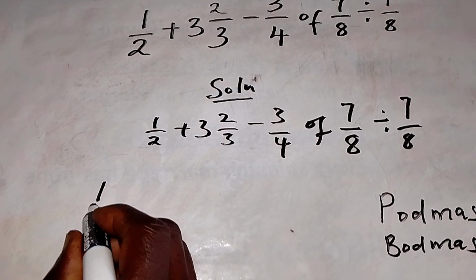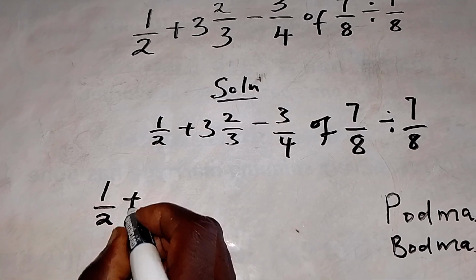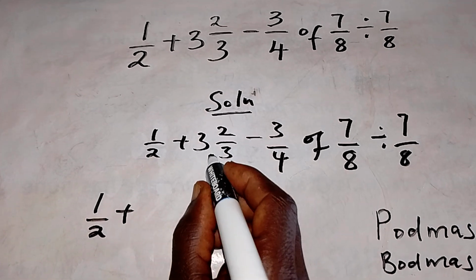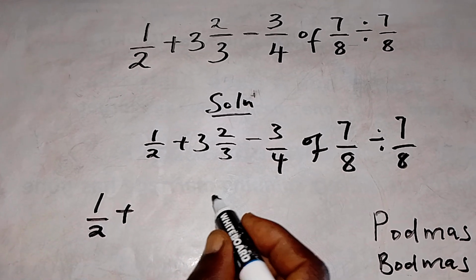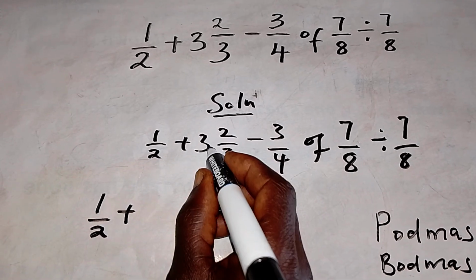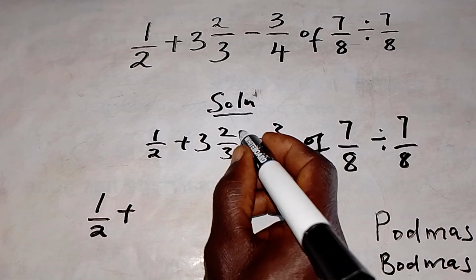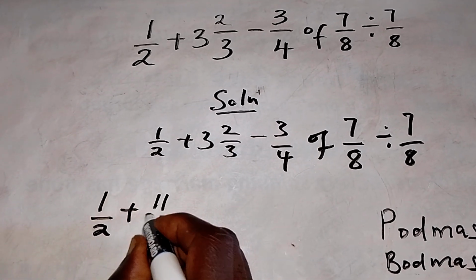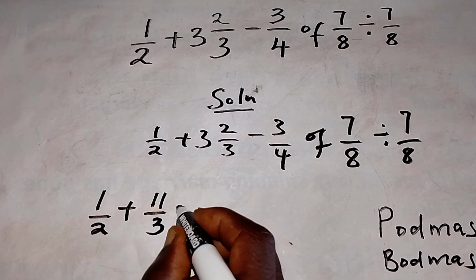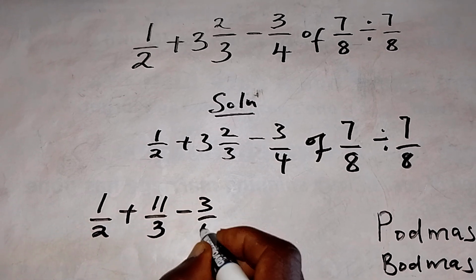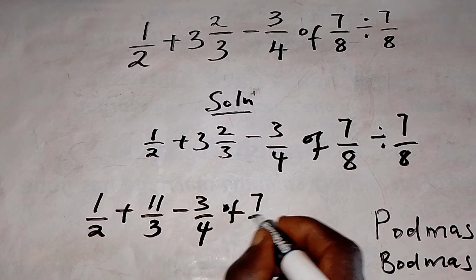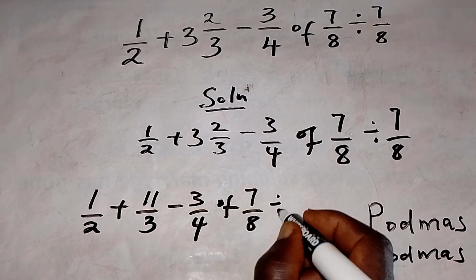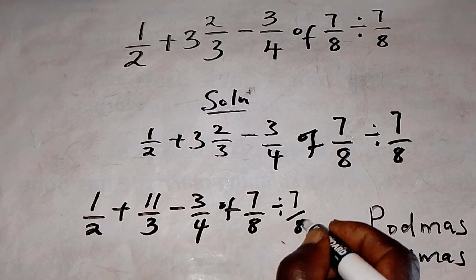So we'll have 1/2 plus, you convert 2 over 3 into an improper fraction, that is 3 times 3, which is 9, plus 2, we get 11 over 3, then minus 3 over 4 of 7 over 8 divided by 7 over 8.